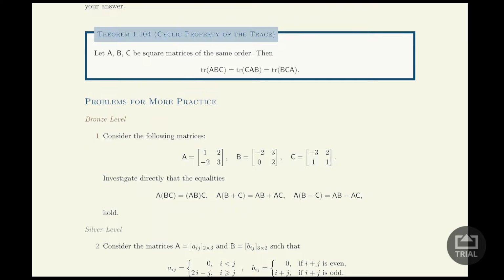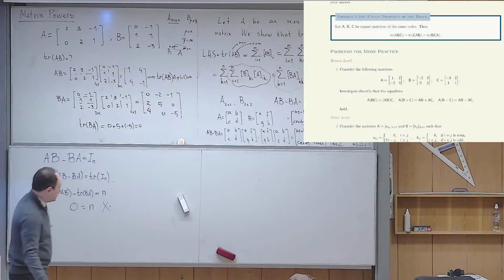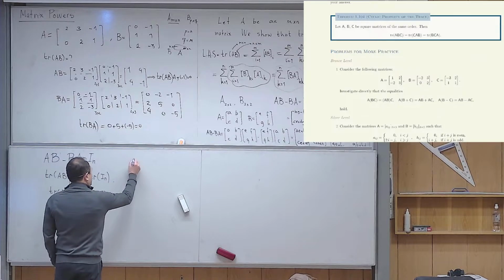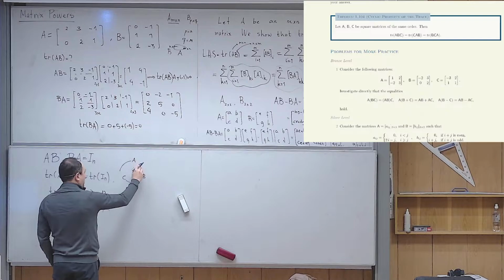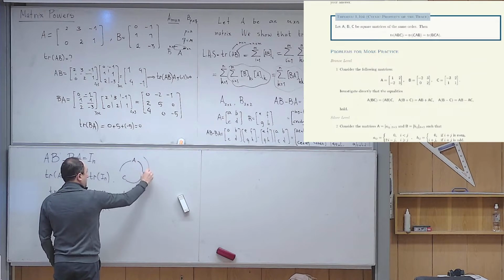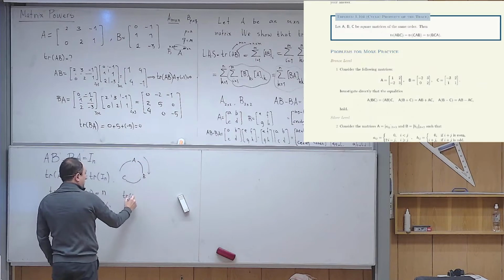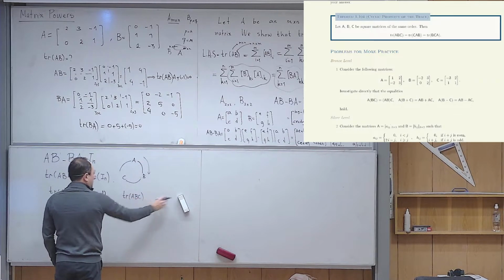That's called cyclic, and I will describe why on the board. Why is it called cyclic? Because if you start from A and then go to B and then go to C and then go back, it is like a cycle. So when I say trace, I can start from A and go in this direction, and it becomes ABC.